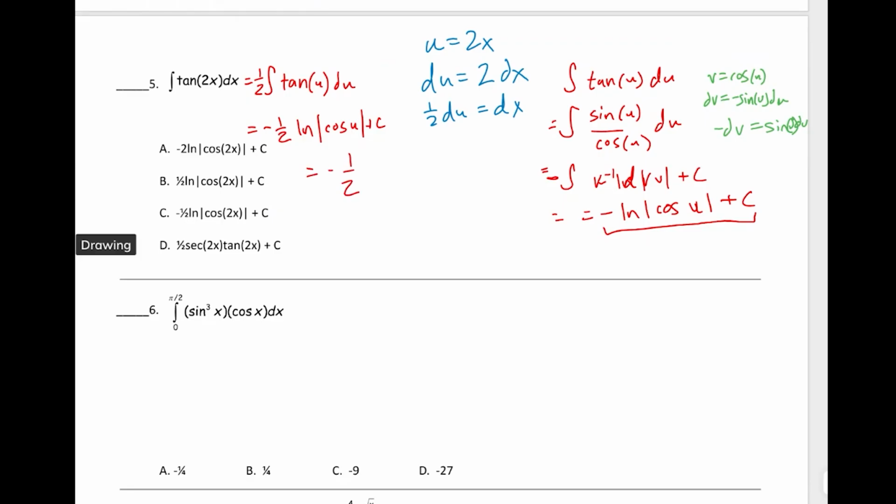Which would be -1/2 times the natural log of the absolute value of cosine of, since u was 2x, we're going to throw in a 2x there, plus c. Okay, that should be our answer.